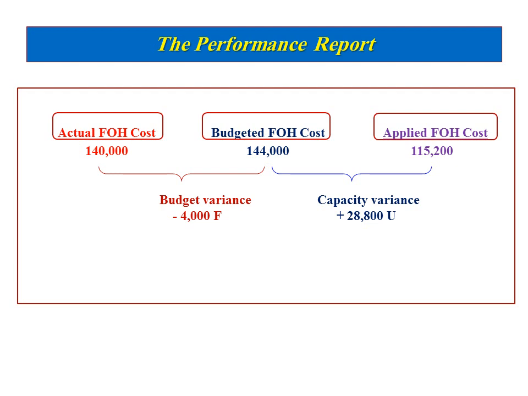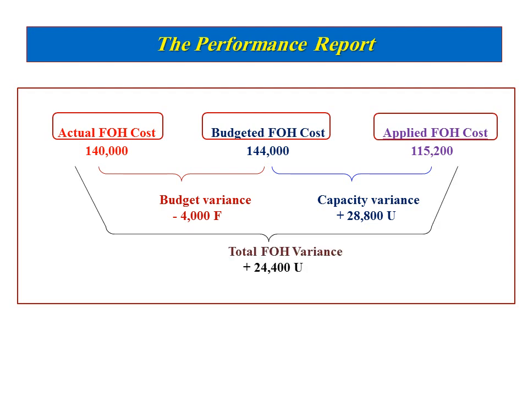The difference between 1 and 3, don't forget, will equal the total variance, and the total variance must equal the sum of budget and capacity variances. Here the difference between 1 and 3, 140 minus 115,200 will equal positive 24,400 unfavorable. This amount must equal the total of budget and capacity variances.